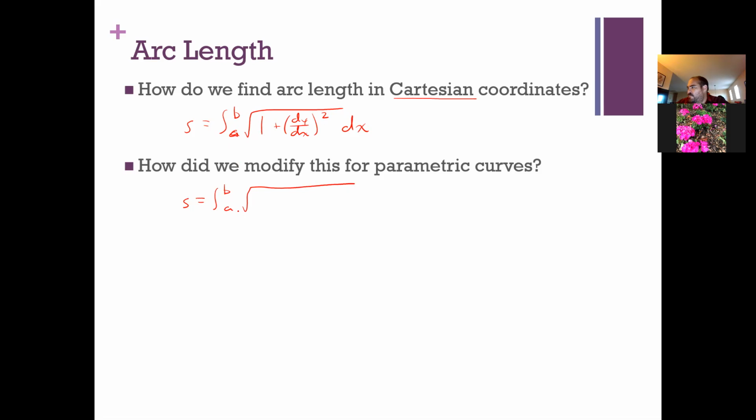What did this integral look like for a parametric curve? Isn't it dx over dt squared plus dy over dt squared? Yep. Yes, which is basically not a coincidence that this looks like the Pythagorean theorem.